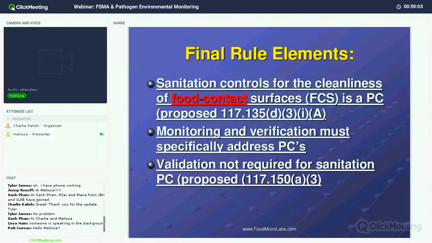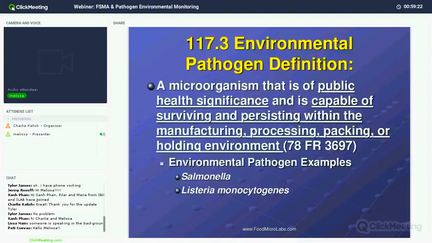Sanitation controls for the cleanliness of food contact surfaces are a preventive control, and the monitoring and verification must specifically address those preventive controls. Validation of environmental pathogen monitoring is not a requirement as part of the regulatory rule.